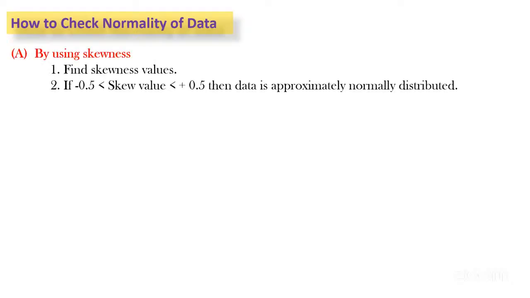First one, with the help of skewness, but this is not that much preferred. It is not that reliable, but to some extent we can go for this. If skewness value is between minus 0.5 to 0.5, we can say that the data is approximately normally distributed.